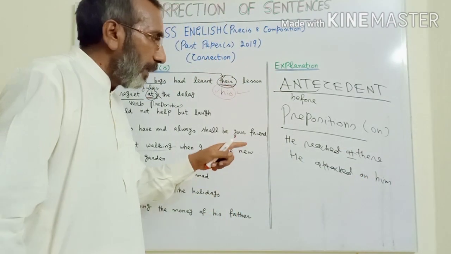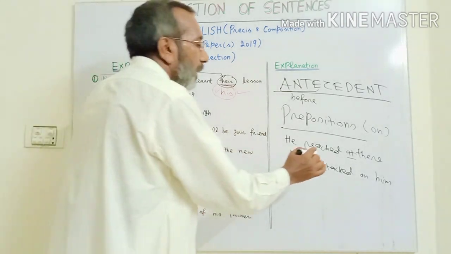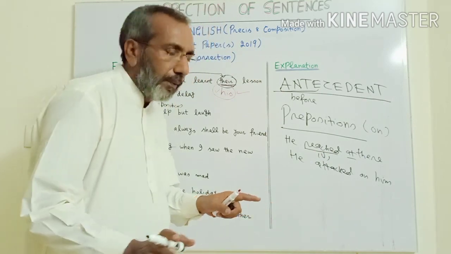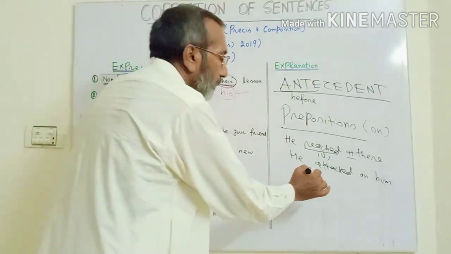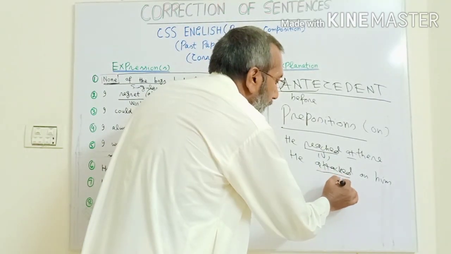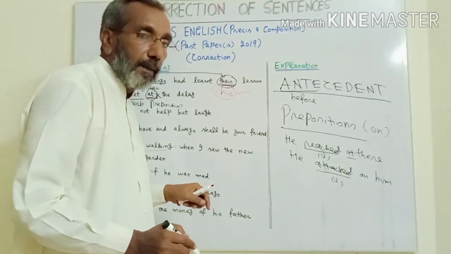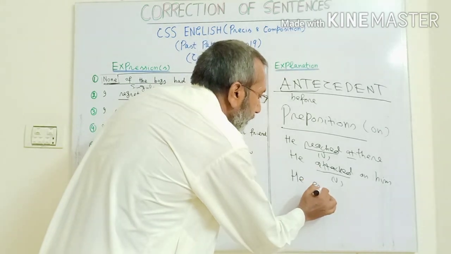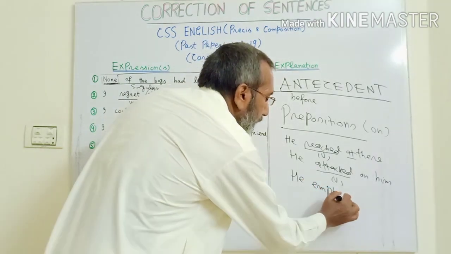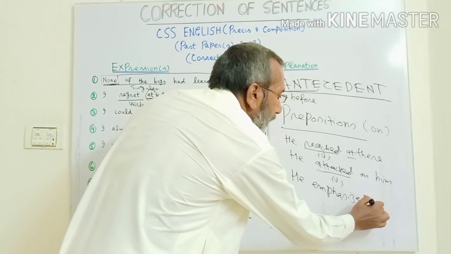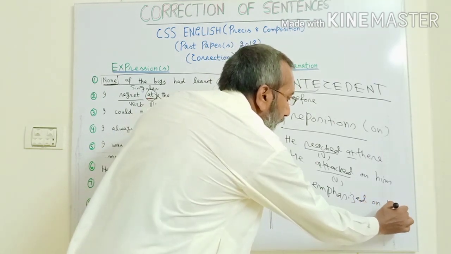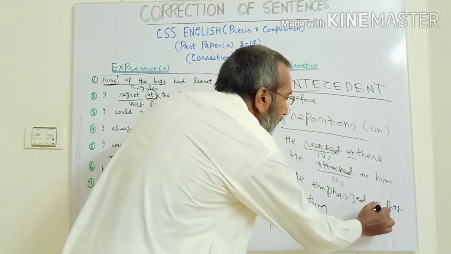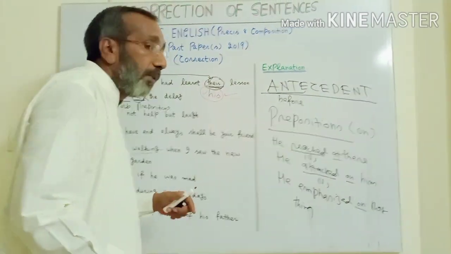In these two examples, reach is being used as a verb, no confusion, and attract is being used as a verb. Suppose you say, he emphasized on that thing. For a layperson, all these expressions are okay.